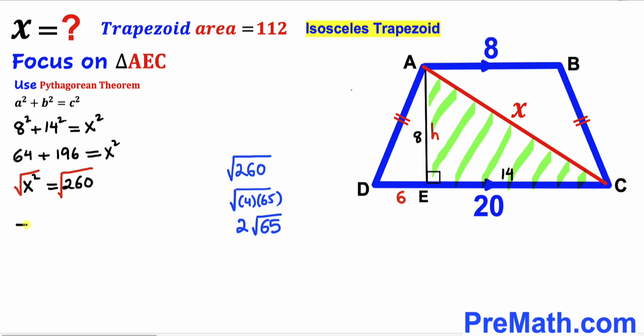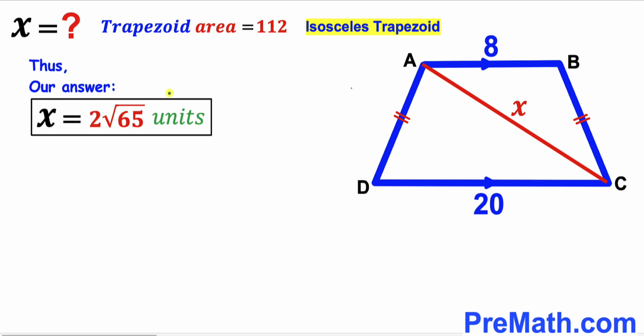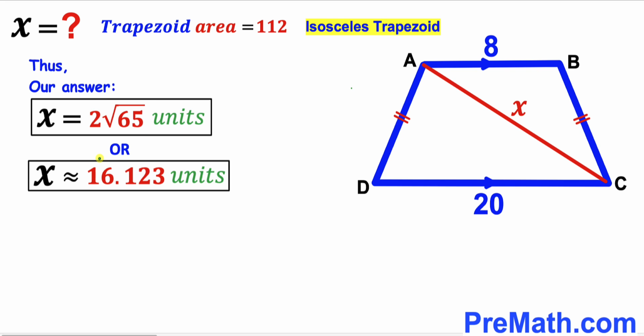Thus our x value turns out to be equal to 2 times the square root of 65 units. After all the calculations and manipulations, our x value turns out to be 2 times the square root of 65 units, and that is approximately equal to 16.123 units as well.